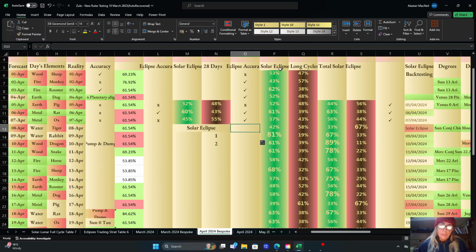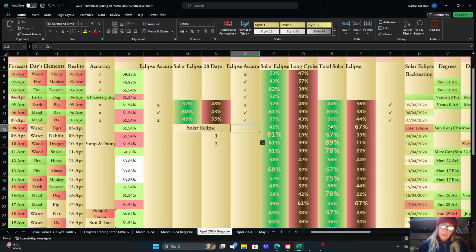All of the solar eclipses are investigated in these two columns here, right? So that's why the percentage is more towards 50-50, because you know that rule from statistics is that the more data you have, the more the likelihood is towards the center of the statistical curve, right?